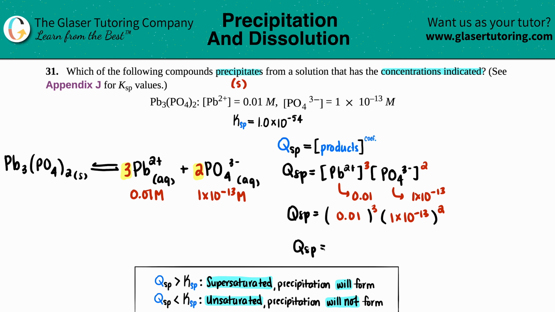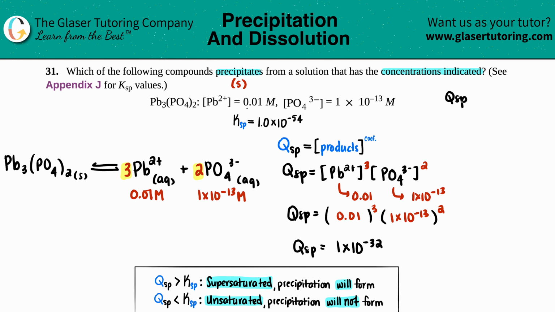So 1 times 10 to the negative 13th squared, 0.01 cubed, and then I'm just going to take the 2 answers and times them by each other. So I get 1 times 10 to the negative 32nd. Now all we have to do is compare the Qsp with the known Ksp.